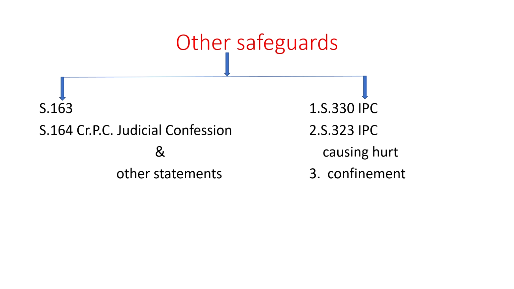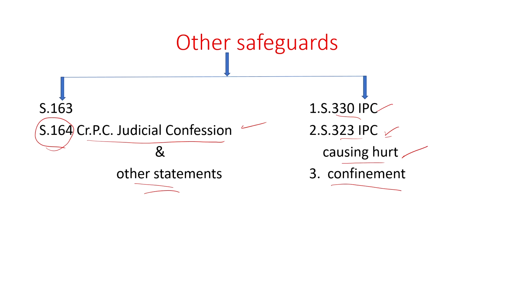Now, other safeguards: section 163, 164 CrPC. Section 164 is very important here. It is pertinent to mention section 164 CrPC, which talks about judicial confession and other statements, and sections 330 IPC and 323 IPC, causing hurt at the time of investigation, and wrongful confinement.